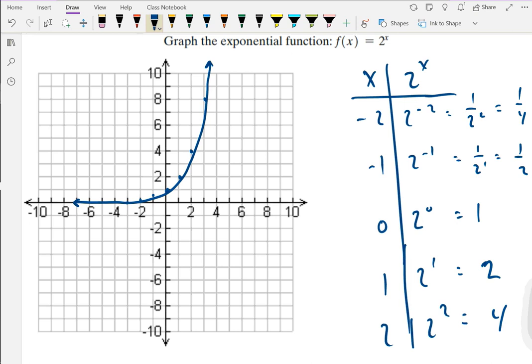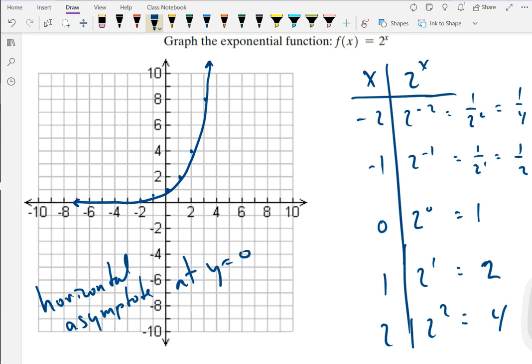So as we go left, we end up with a horizontal asymptote here at y equals 0.